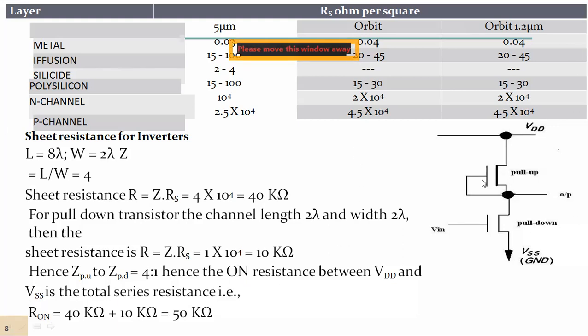That is the on resistance of the pull up device plus the on resistance of the pull down device. What is the on resistance of the depletion mode transistor, and the on resistance of the enhancement mode transistor? On resistance of depletion mode is 40K. On resistance of enhancement mode is 10K. Total resistance is 50K.